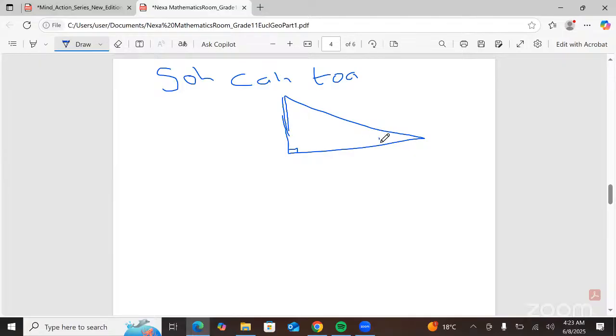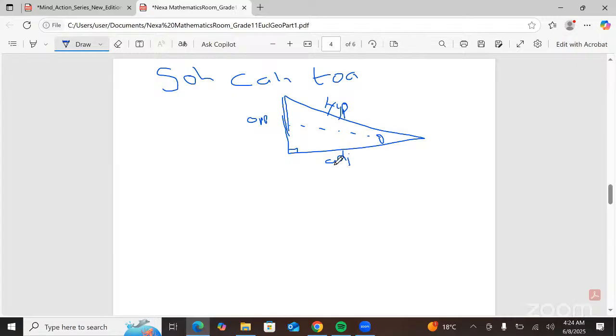We have got our angle theta there, and when we define the sides of this triangle, we are going to have the hypotenuse here. The hypotenuse is the longest side of the right angle triangle, opposite the 90 degrees angle. This side here is the opposite because it's opposite the angle, and then you have got the adjacent here.